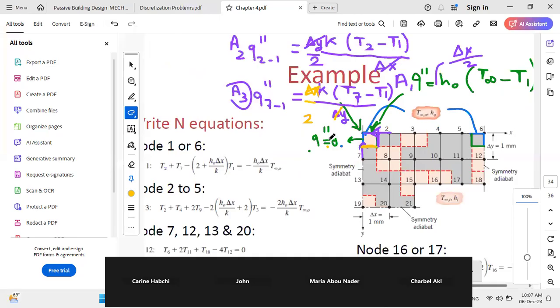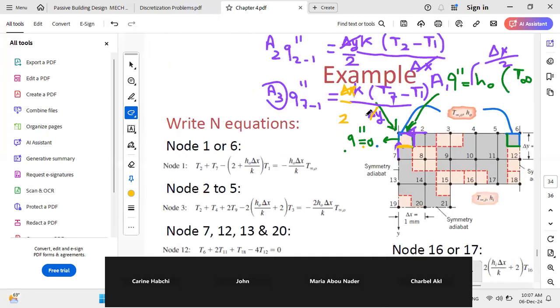So we can write that the sum of E dot n equals 0 terms. If you divide all your terms by K over 2, you will get as equation T2 plus T7 minus (2 plus H0 delta x over K) T1 equals minus H0 delta x over K T infinity.